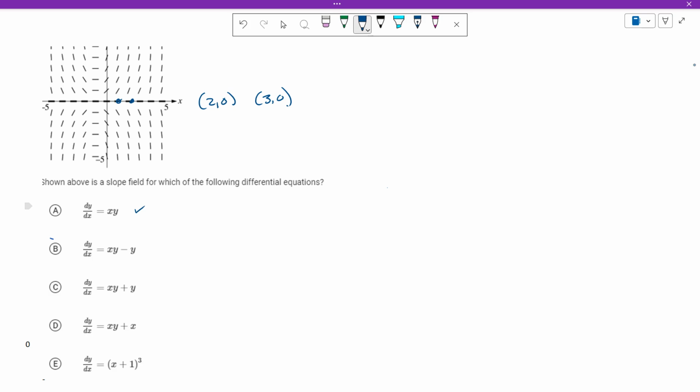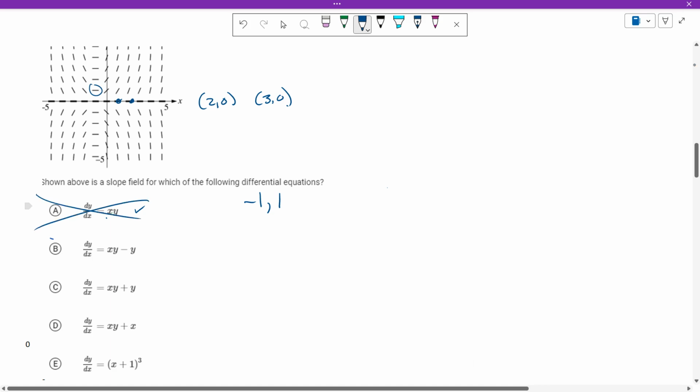At 3, 0 it works. So let's try at -1, 1. It should be horizontal. Well, -1 times 1, is that horizontal? What's -1 times 1? It should be -1. This is horizontal. Does that first one work? No. Okay. So the second one, 2 times 0 minus 0 is 0. So that works for this point here.